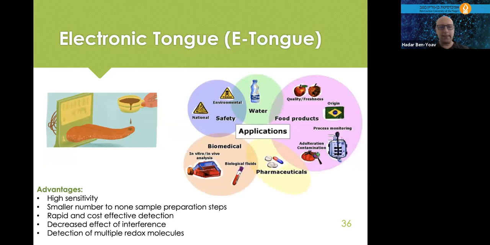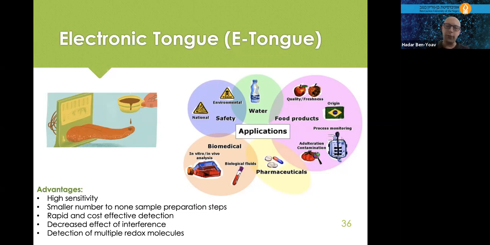So the multi-sensor array that I will focus on is the electronic tongue. And this is the area that I'm working on. The reason I'm focusing on that is because it can be used for different applications, such as safety, to recognize specific hazardous molecules in our water, to recognize specific food products, either the quality or the origin, or even eventually the taste of the food.